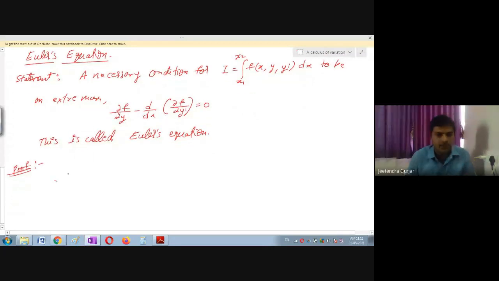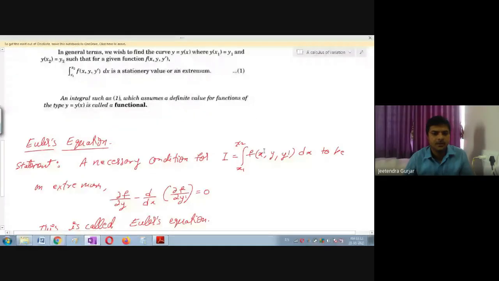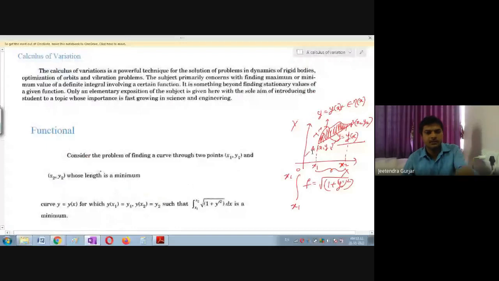Okay, so we'll just start with, as usual, the function now. Remember the functional definition. We take the curve y is equal to y of x to be the curve, right? And for this function we have this graph, but here again I will take the graph.